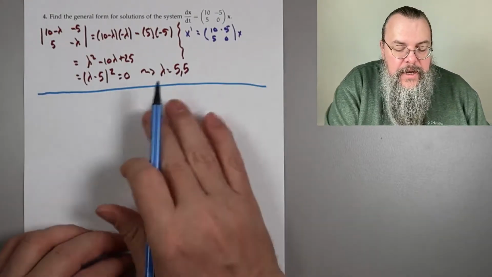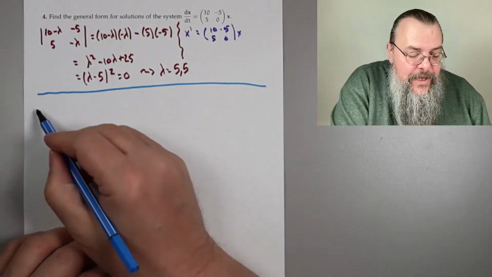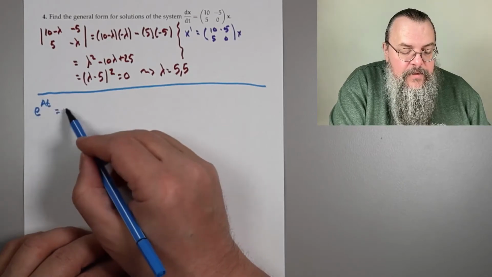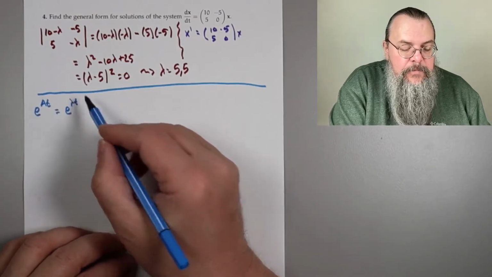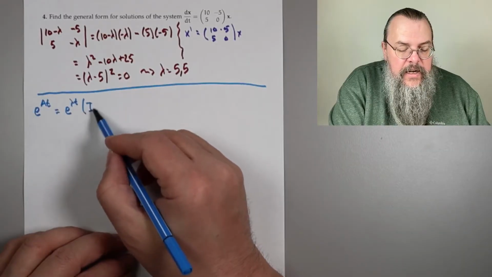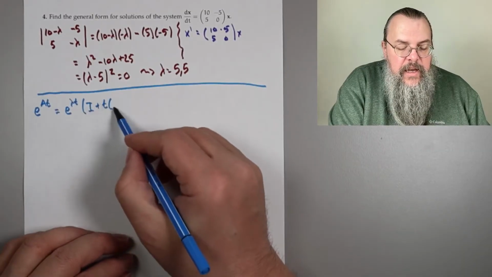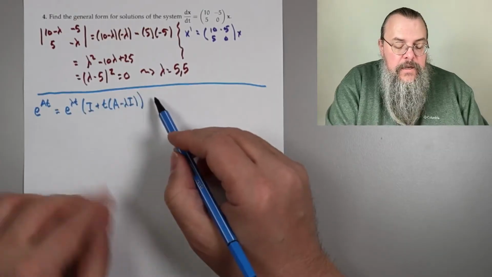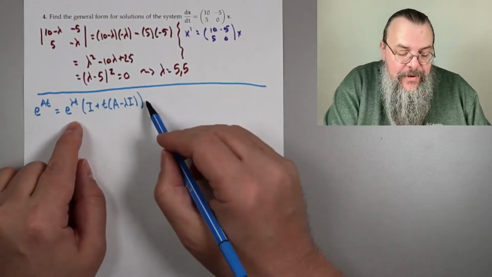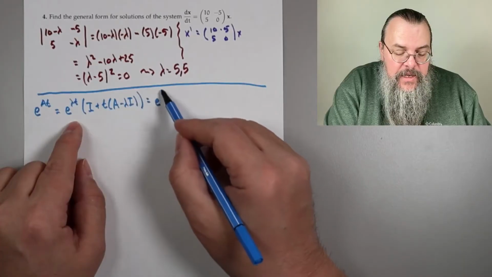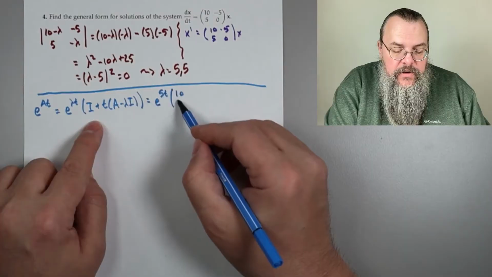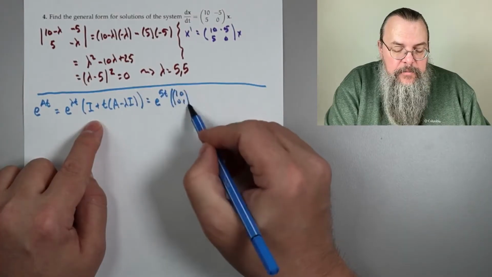Well, now that we know the eigenvalues, we can say, hey, that means that e to the At, we have a formula for this. That's e to the lambda t times the identity plus t times (A minus lambda I). Well, we know these things. So e to the lambda t becomes e to the 5t. The identity is this [1, 0; 0, 1]. That's what that means.